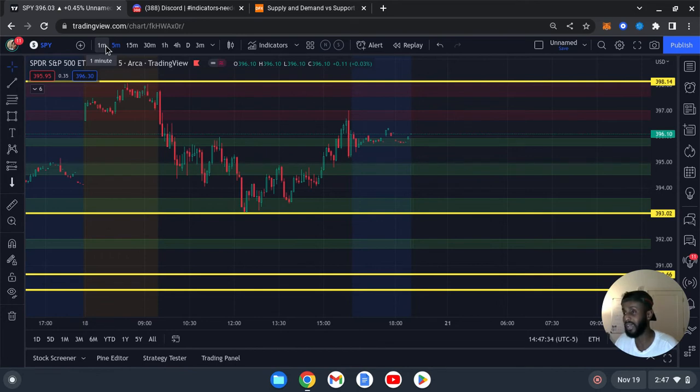So things have been kind of weird lately, which is why we need to find strong zones and not just jump into any trade, but have specific areas that we are looking for before we even think about trading. So that is all, guys. I just wanted to share this with you to make our trading a little bit more safe.